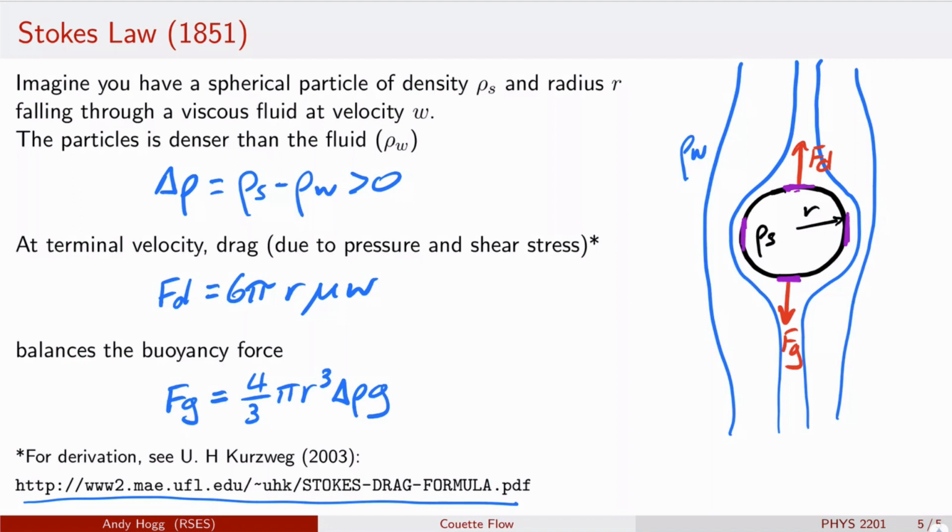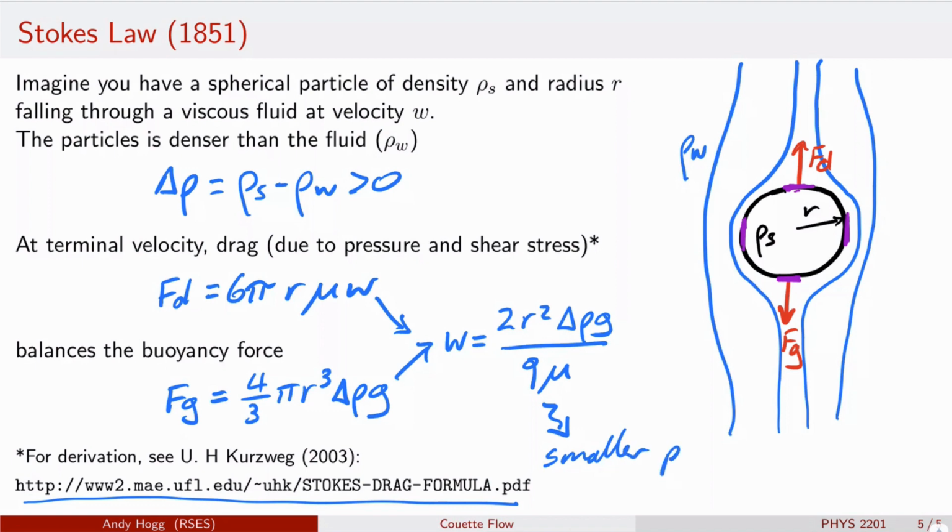What we want out of here is we want to find the vertical velocity, and you can see that's pretty simple. We can equate these two equations and we find that the terminal velocity w goes with r squared and inversely with viscosity. In other words, if you want to make a particle fall very slowly, let's say you want to visualize what's going on in a fluid, then making the particle as small as humanly possible will minimize this settling velocity here.